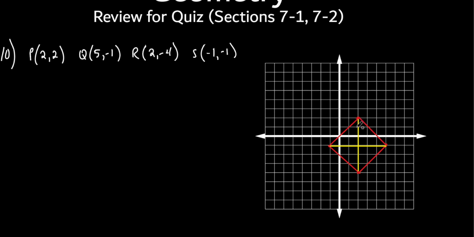So if I start here, this is 1, 2, 3. And then down here, it's 1, 2, 3. So that diagonal is being bisected. What about the other one? 1, 2, 3. 1, 2, 3. Sure enough, the diagonals are being bisected. So this must be a square. Okay? Everybody with me on that?